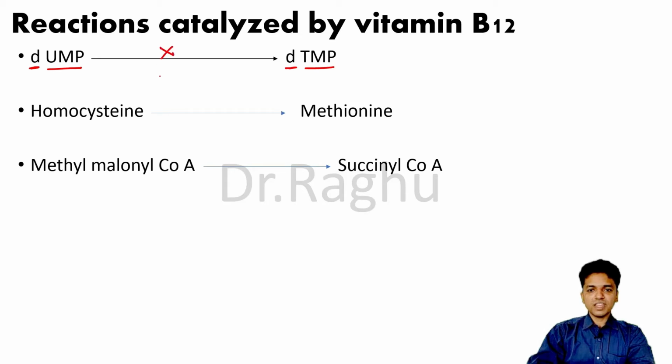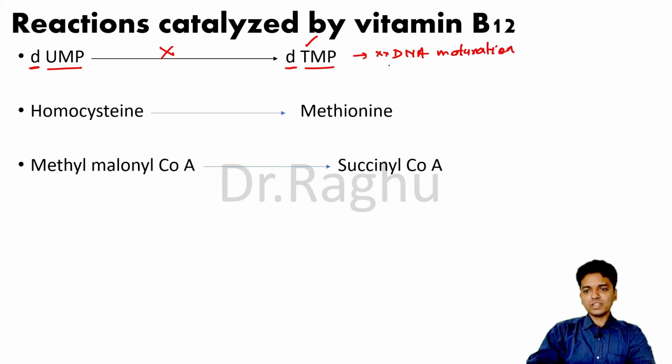If this reaction is not occurring, then formation of thymidine monophosphate is going to suffer. Because thymine is an important building block of DNA, what is going to happen? This is going to affect DNA maturation.